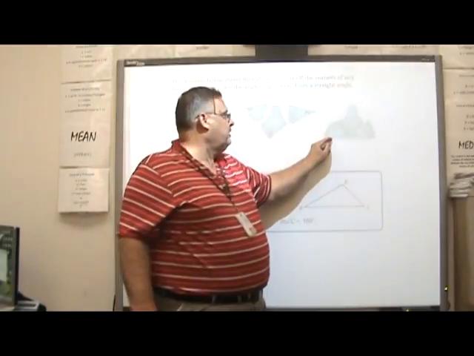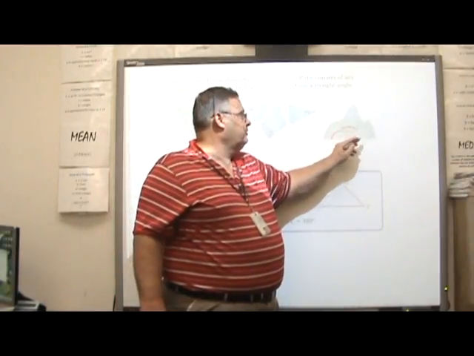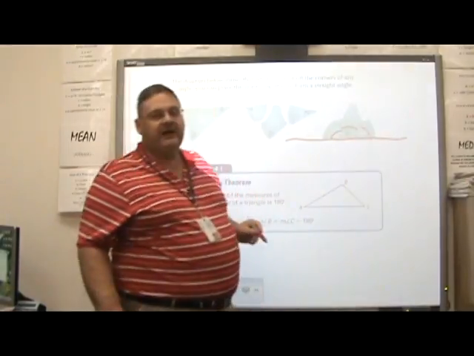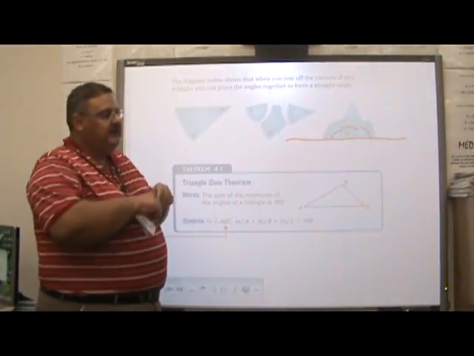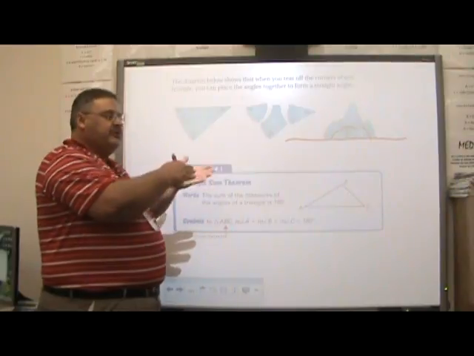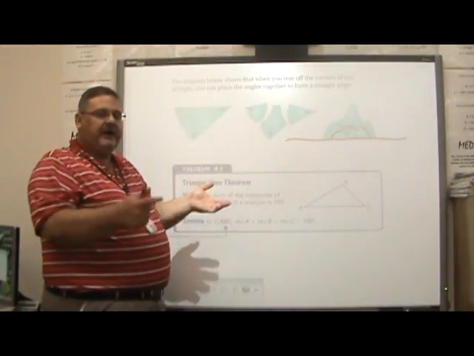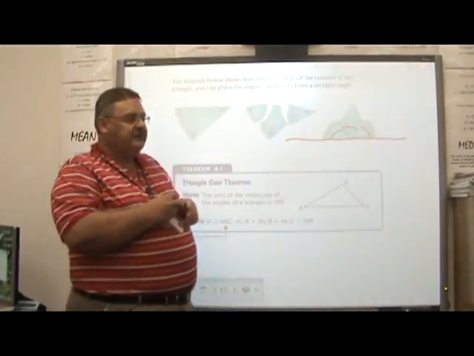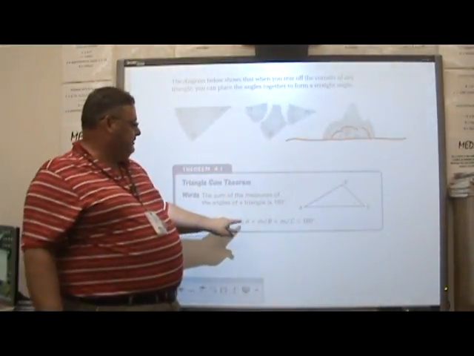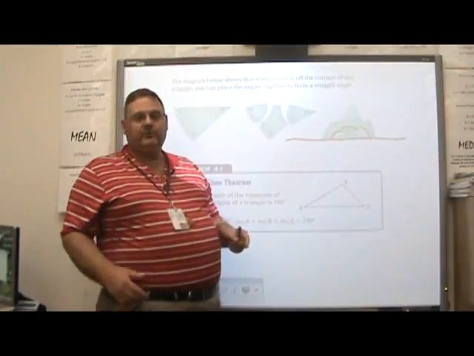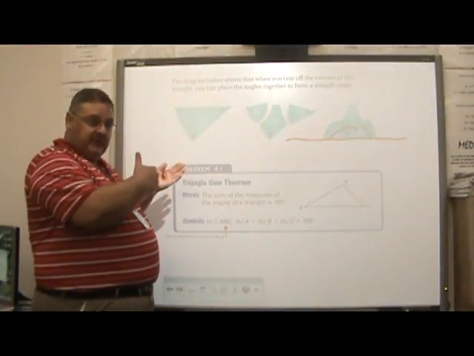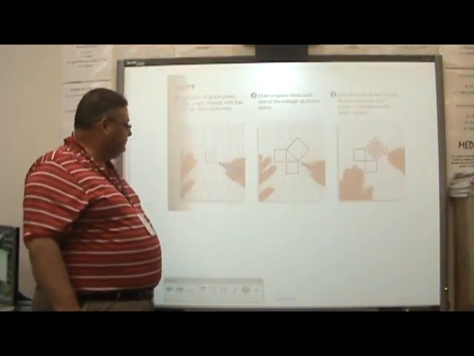So I'm taking angle 1, plus angle 2, plus angle 3, and seeing if they fill in a straight line. Your students can get together and do that, and they can all make different triangles, and every one of them should be able to piece theirs together like a puzzle.